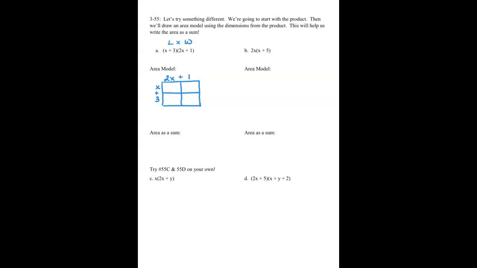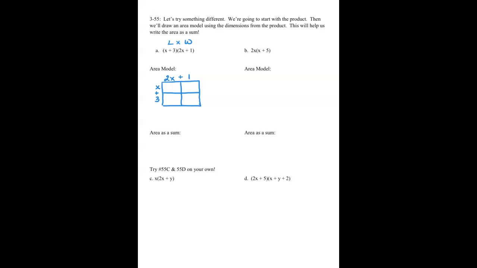This is how we draw a generic rectangle without using the algebra tiles. We skip that middle part, we skip drawing in all the sections inside, just draw a general rectangle where one dimension is split into a part that's X units long and the other part is 3 units long, and the other dimension having one section that's 2X long and the other section that's 1 unit long.